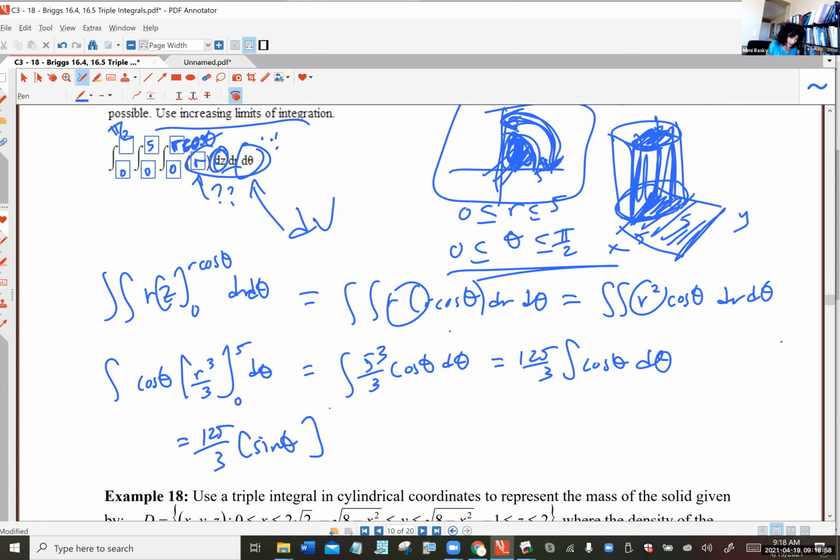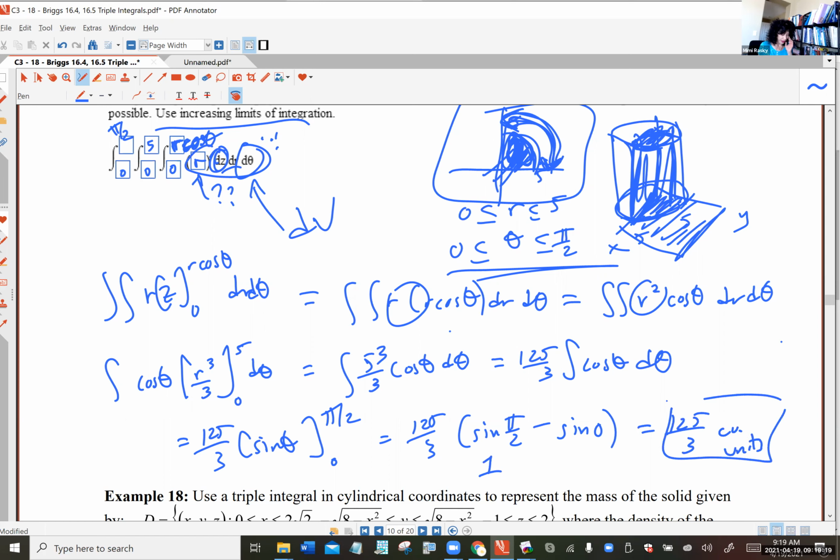And you're going to evaluate sine between 0 and pi halves. And it turns out to be kind of nice because sine of pi halves is a nice number. Anybody know what that is? 1. Yeah. And so your final answer is 125 thirds cubic units because we're doing a volume here of that solid. And we're done.